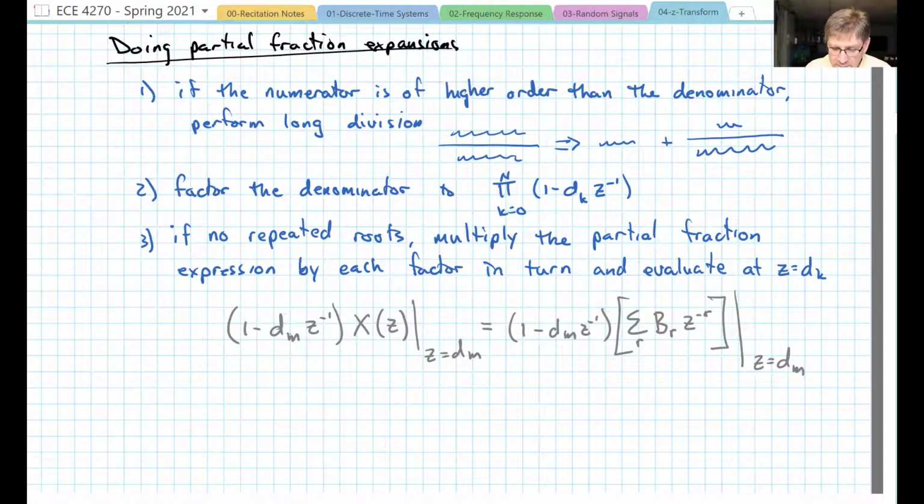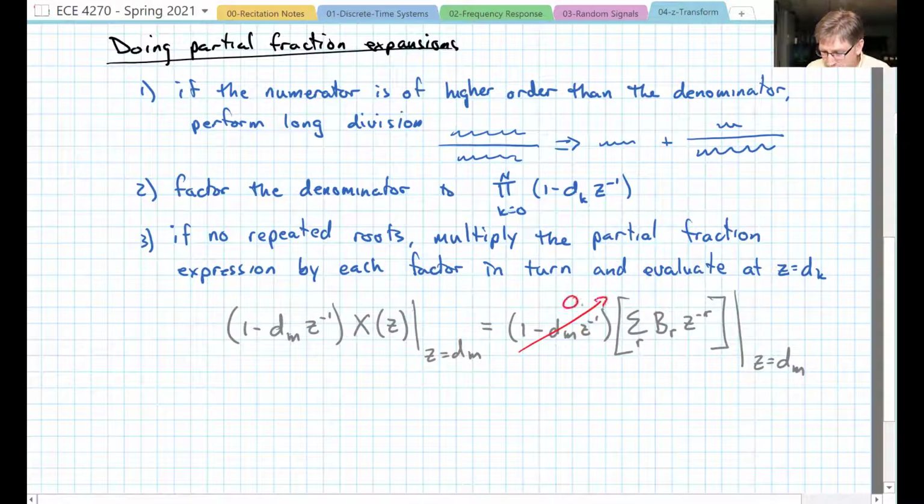And since z equals d_m will cause that to go to 0, this whole thing disappears. So this is the part that came from the long division. That part goes to 0.